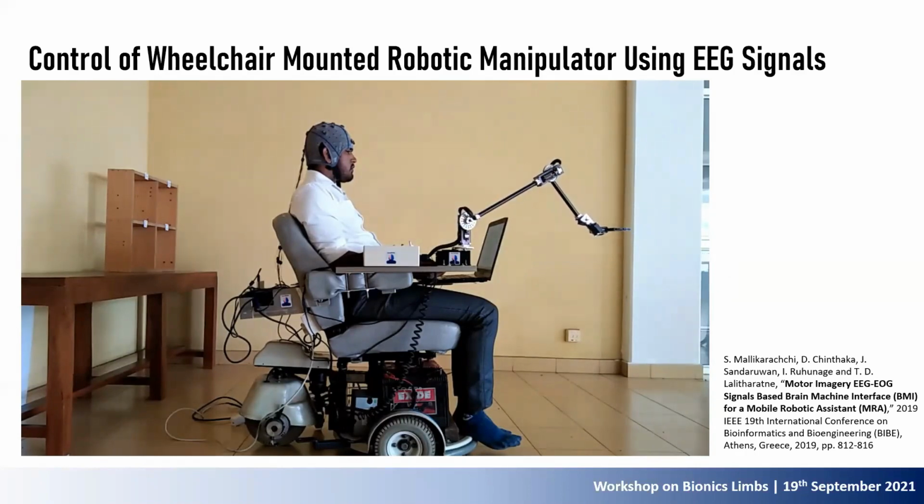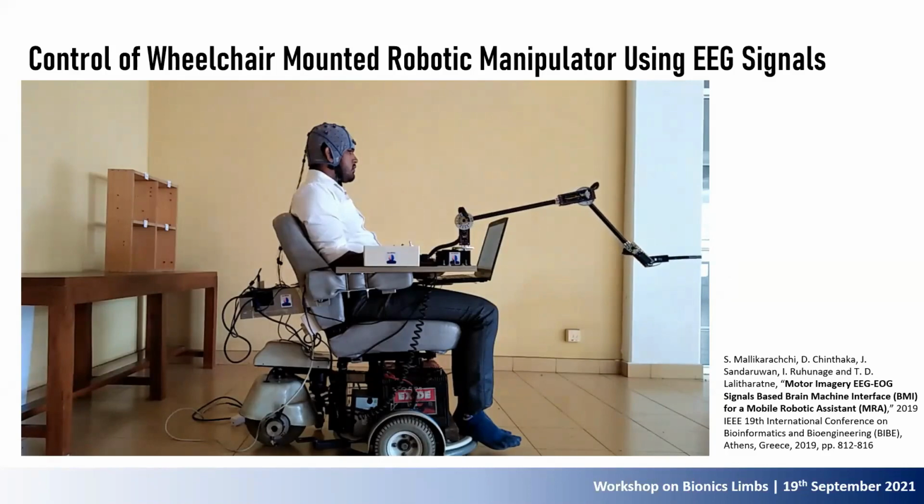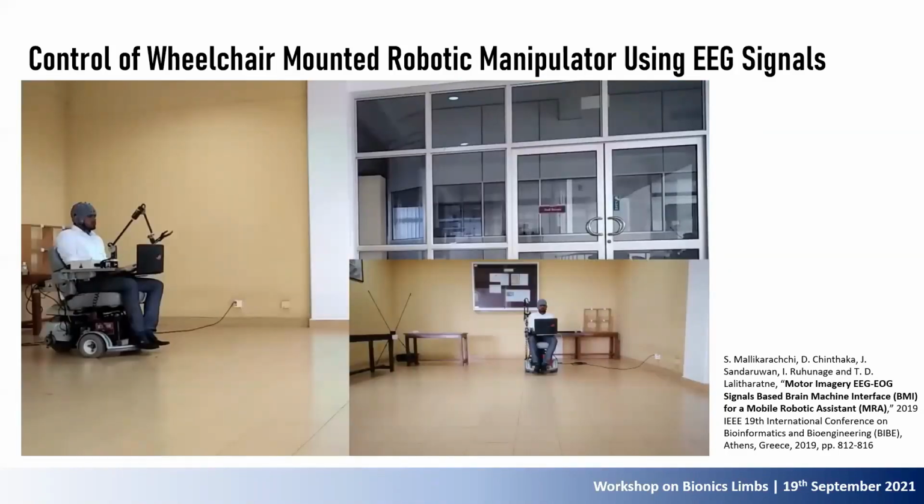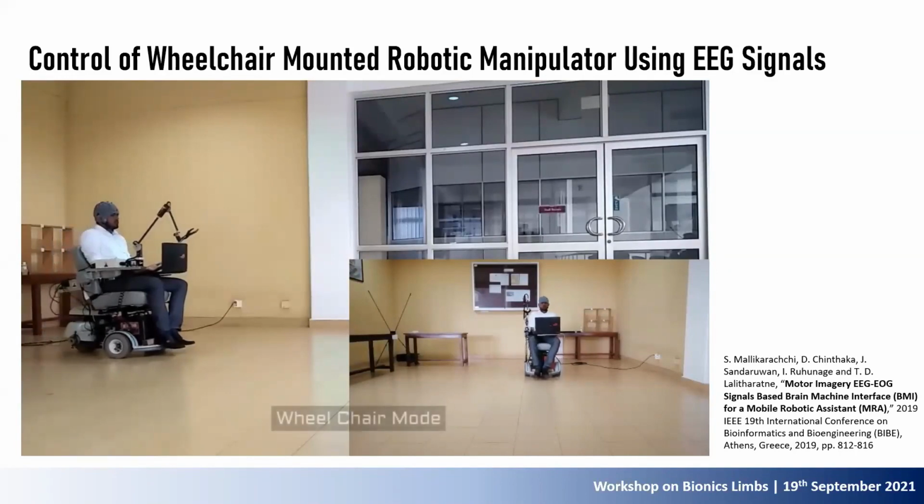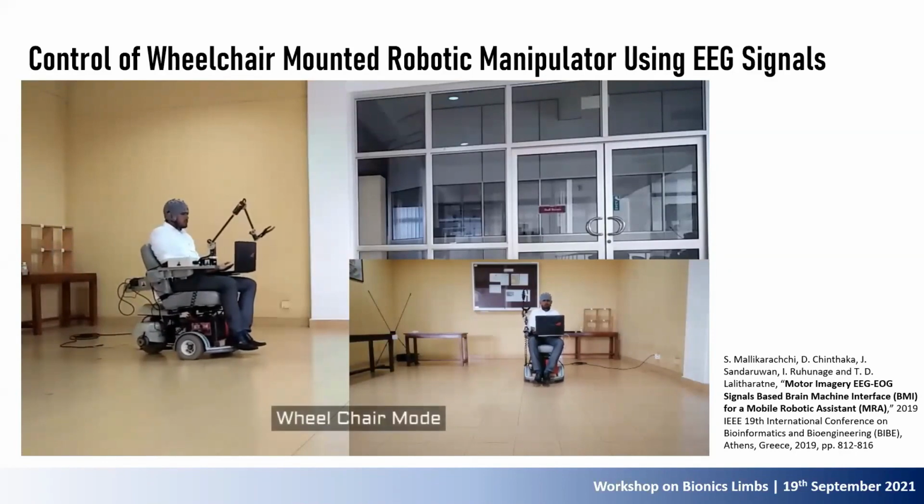But you can see we can control different motions of the robot manipulator as well as the wheelchair, which needs a lot of inputs. To avoid that, we use a GUI. So the user can control the GUI using thoughts, and then we transfer those GUI signals to control the robot and the wheelchair.